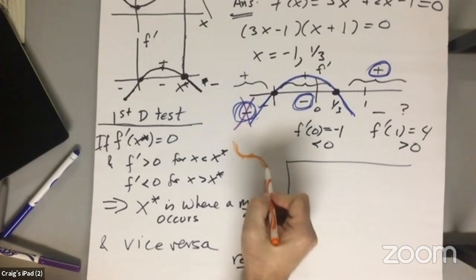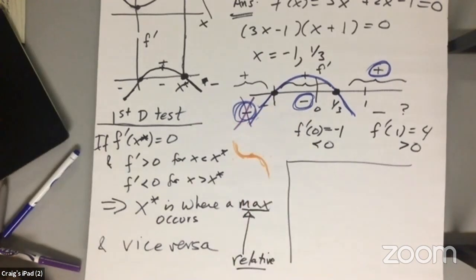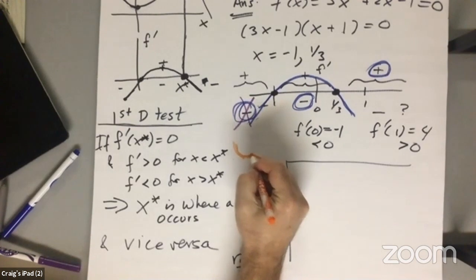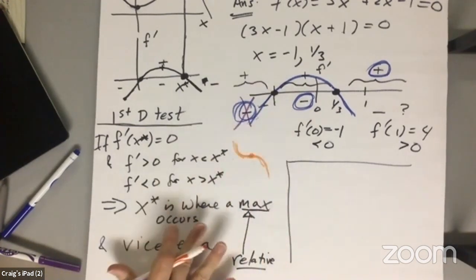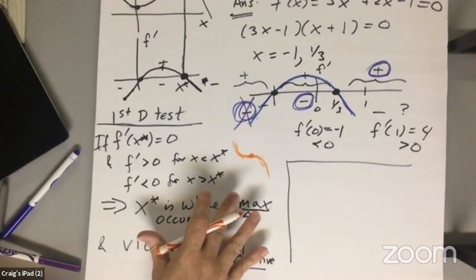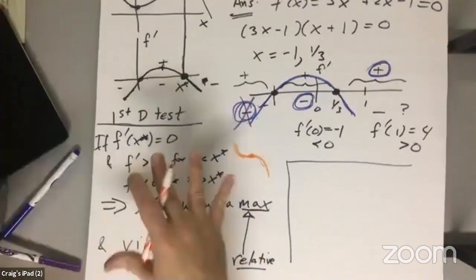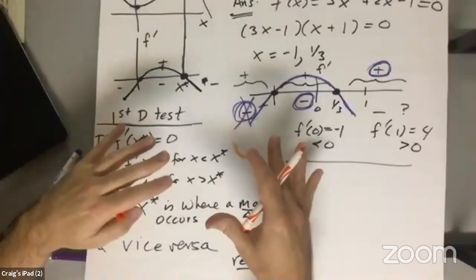Is that what they call a saddle point? Yeah, saddle points are exactly what happened here, but you talk about saddle points in higher dimensions. So when you get to calculus 3, you're going to be talking about surfaces, like two-dimensional surfaces.